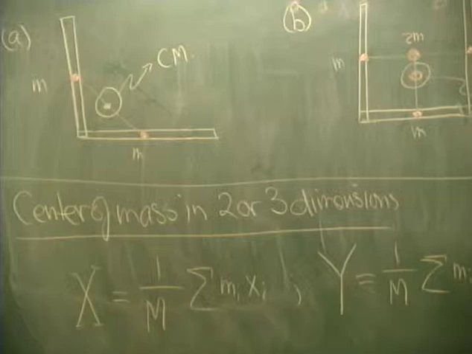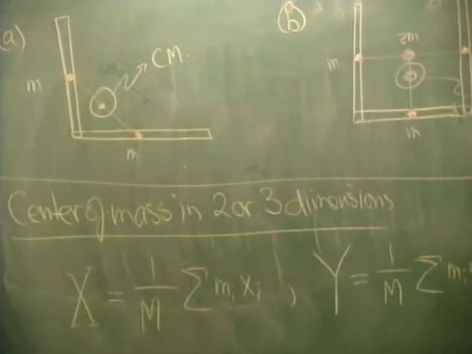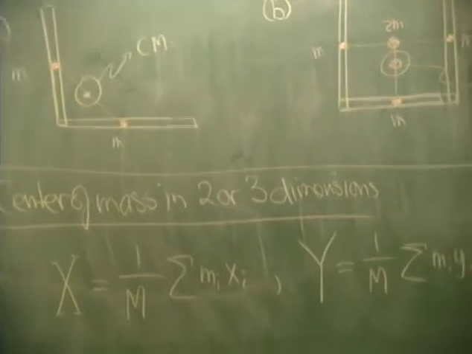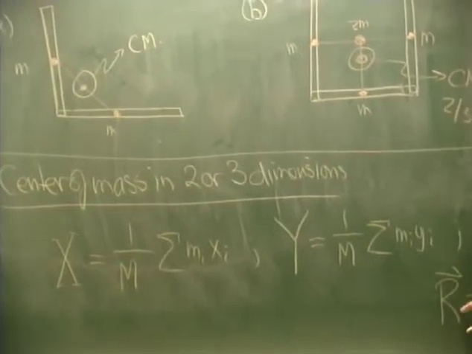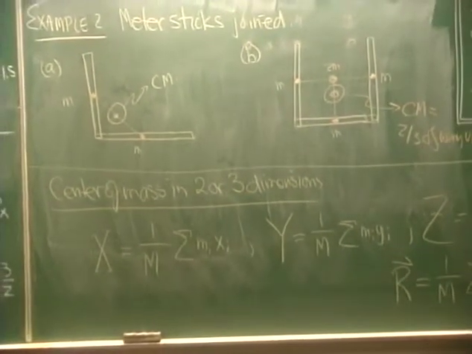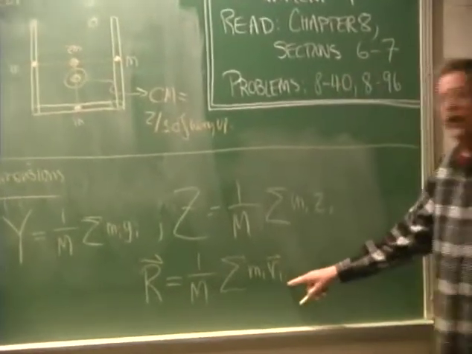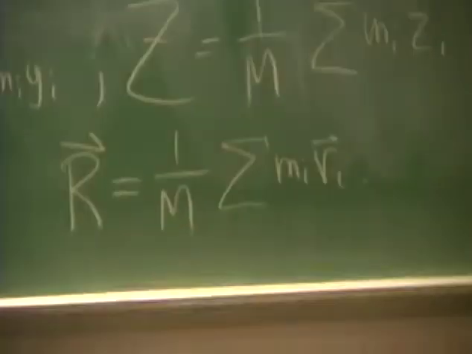And similarly, the z component of the center of mass is 1 over m times the sum of mi zi. Some people like to combine that whole thing into a single formula that says r, the vector position of the center of mass, is 1 over the mass times the sum of mi times ri, where ri is the vector position of each one separately.